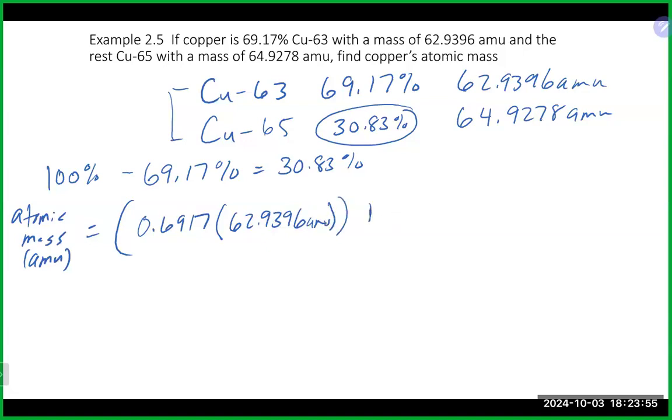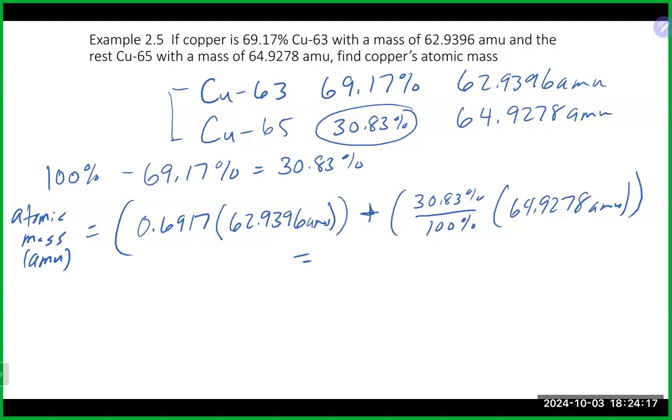We're going to add, not multiply, the second isotope. And again, if you don't want to move the decimal, you can just divide by 100%. We're going to multiply that by 64.9278 AMU.